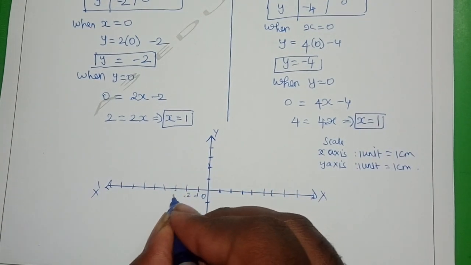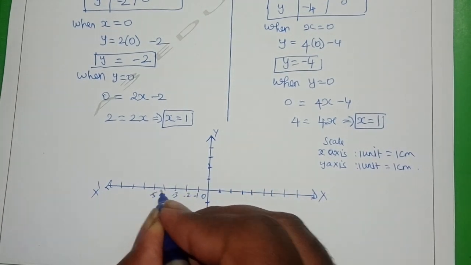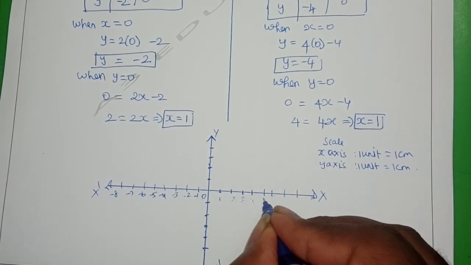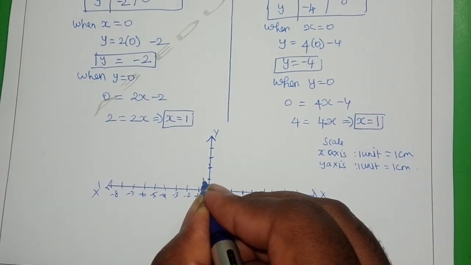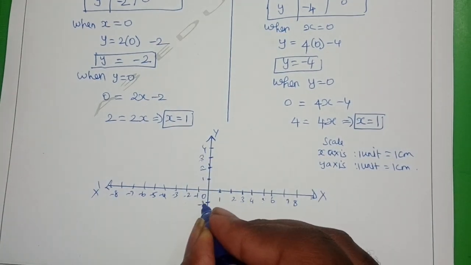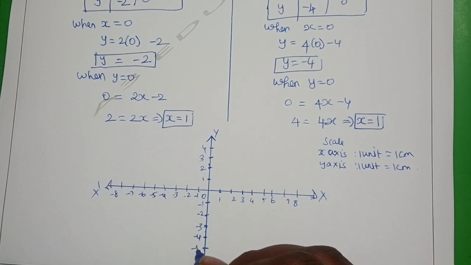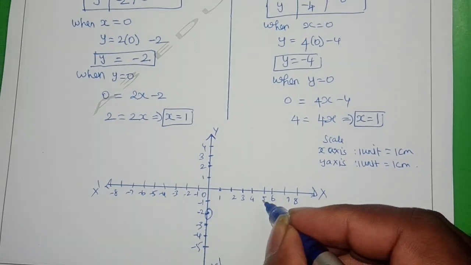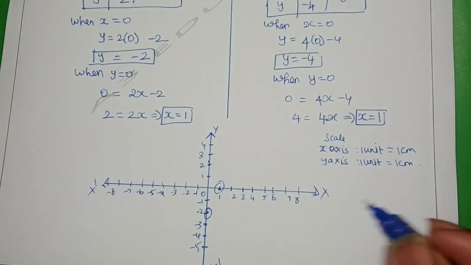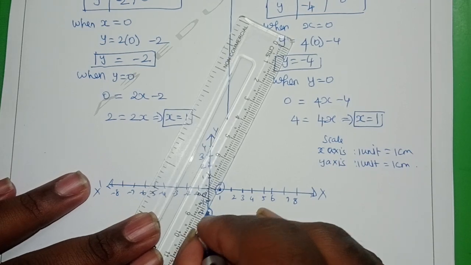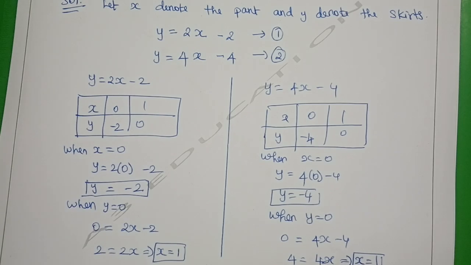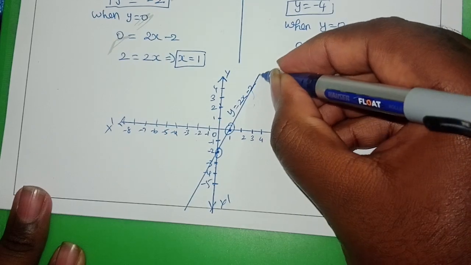Mark the axes from minus 1 to minus 8 and 1 to 8 on the y-axis, and 1 to 4 and minus 1 to minus 5 on the x-axis. First plot 0 comma minus 2, then 1 comma 0. Then take the scale, draw the line, and write the equation on top of it: y is equal to 2x minus 2.